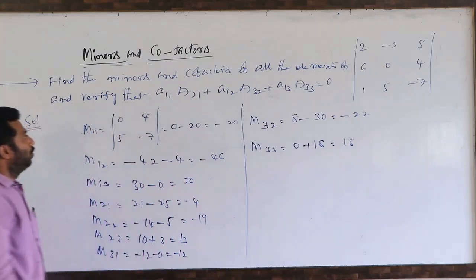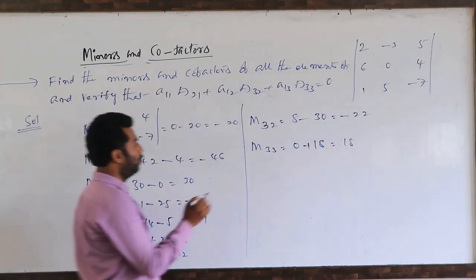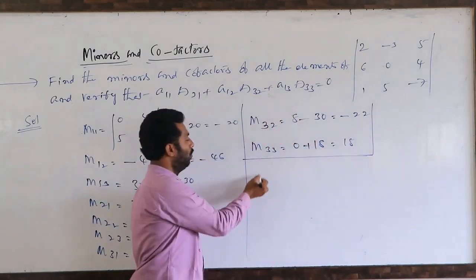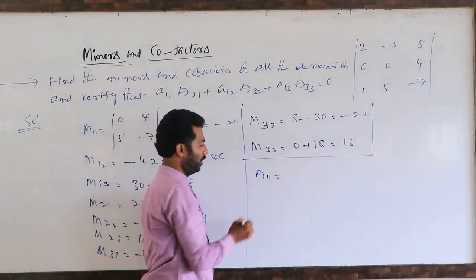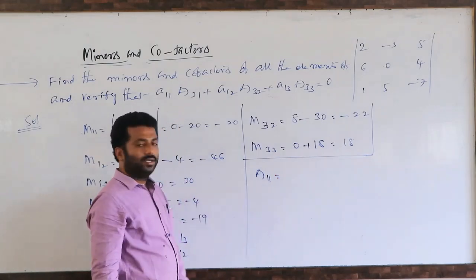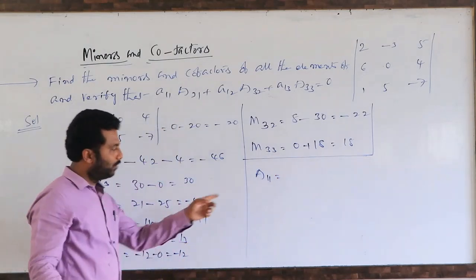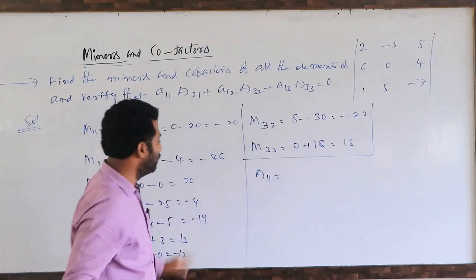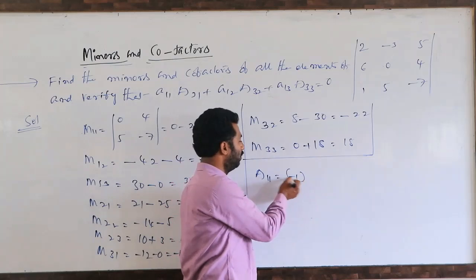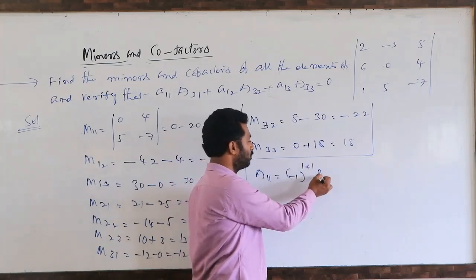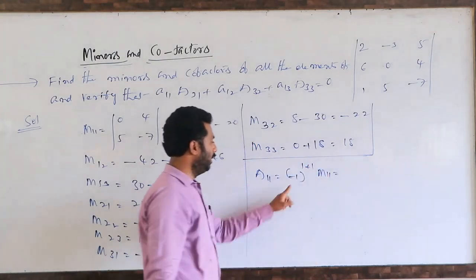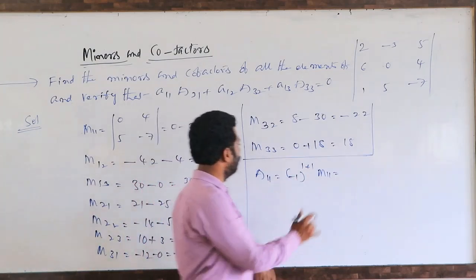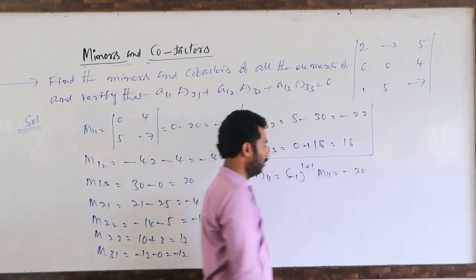Next, cofactors. What do the cofactors mean? Cofactors means A11. 1 plus 1, 2, even means plus sign will come. What is the definition? Minus 1 whole power 1 plus 1 into M11. Anyhow, this is positive, so M11, what is the M11 value? Minus 20.